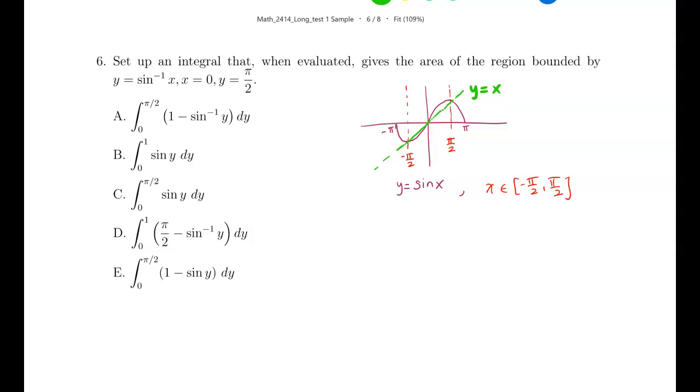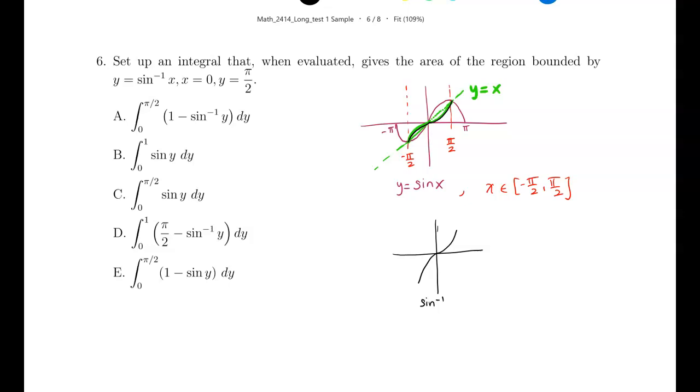So the graph of sine inverse will just be this curve, that's the reflection over that. Okay, so that's the graph of the sine inverse function.